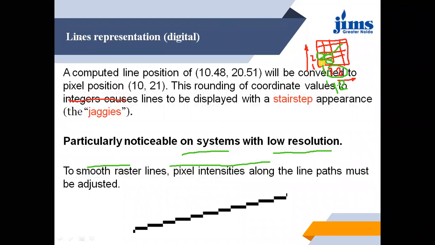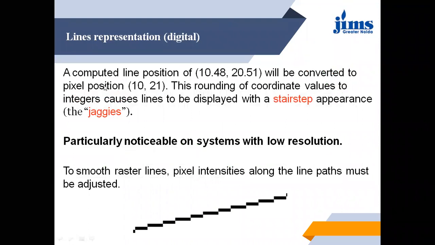It will be more clear from here. Let us say we have to draw a line whose coordinates are 10.48 and 20.51. This is the value of x1, this is the value of y1, from pixel position 10 and 21.